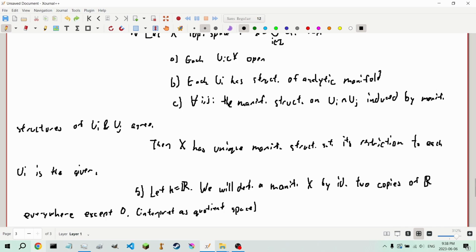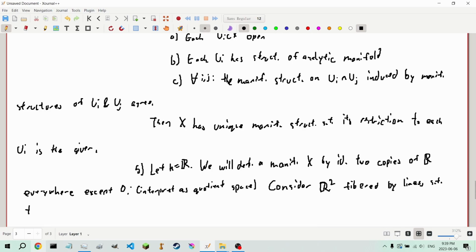Well, first off, we consider R squared fibered by lines such that the collapse of the fibers, the quotient space obtained by collapsing the fibers, is R, is just our reals.